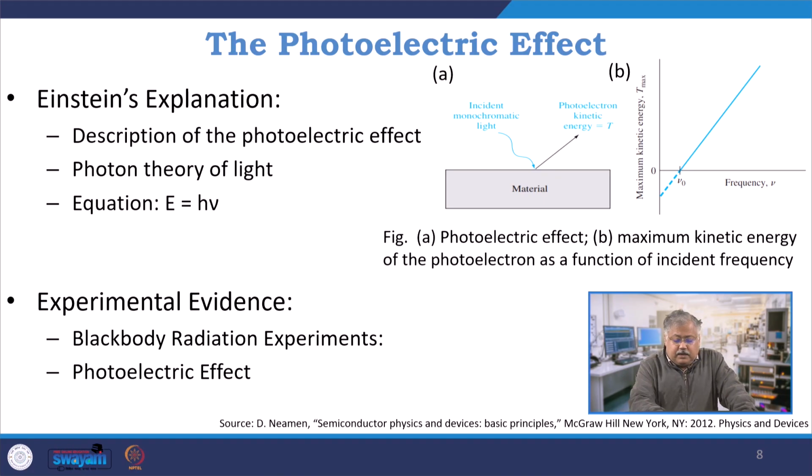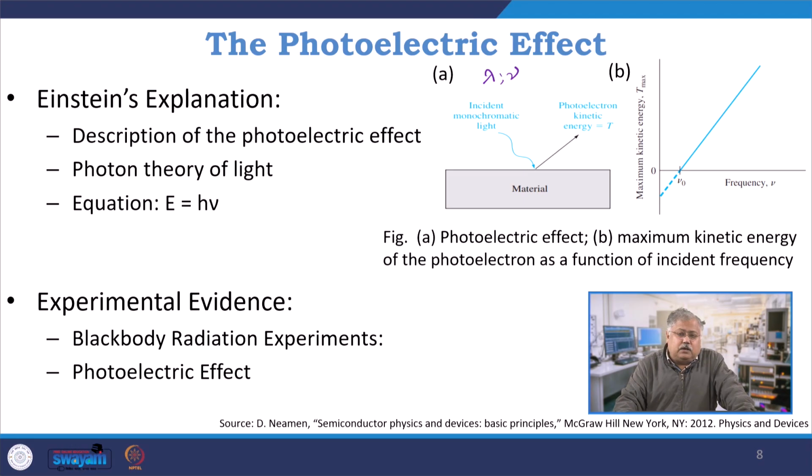In figure A here, there is an incident monochromatic light. Monochromatic means having a single lambda, primarily meaning a single frequency, and single frequency light is falling onto a material. In the experiment, when it fell, an electron was ejected from the material.